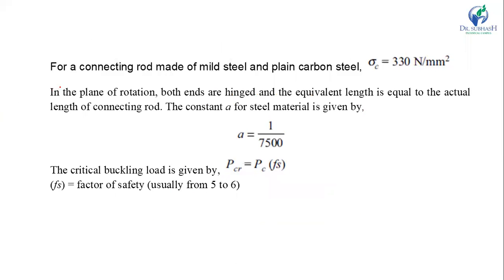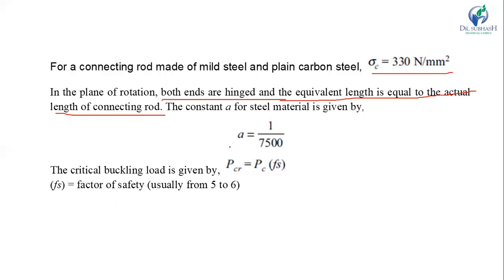Now, for a connecting rod made of mild steel and plain carbon steel, the value of sigma C is taken as 330 Newton per mm square. In the plane of rotation, both ends are hinged, and the equivalent length is equal to the actual length of the connecting rod.